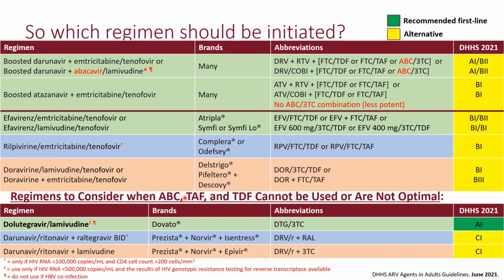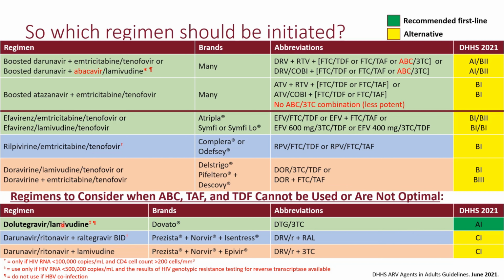For people who cannot tolerate these agents, or even if people can tolerate them, it might be a good idea to give Dovato to avoid some of the toxicities. There is a risk of cardiovascular disease with abacavir, and of course nephrotoxicity and bone mineral density loss with tenofovir. So Dovato is an option.